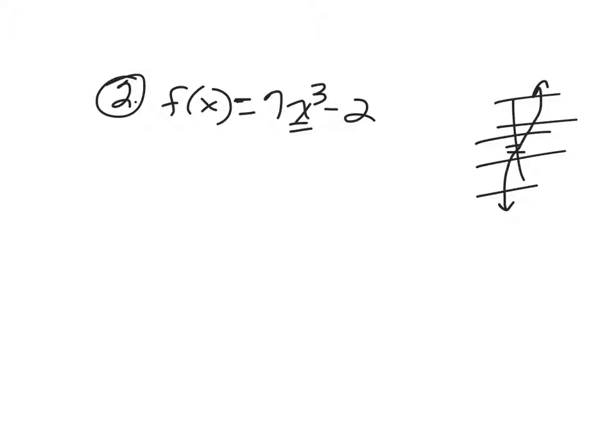Now the big picture thing to remember about inverses is to find them, you switch the x and the y. So if we thought of f of x as y, then if we switch the x and the y, we'd have x equal to 7y cubed minus 2. And then we solve for y.